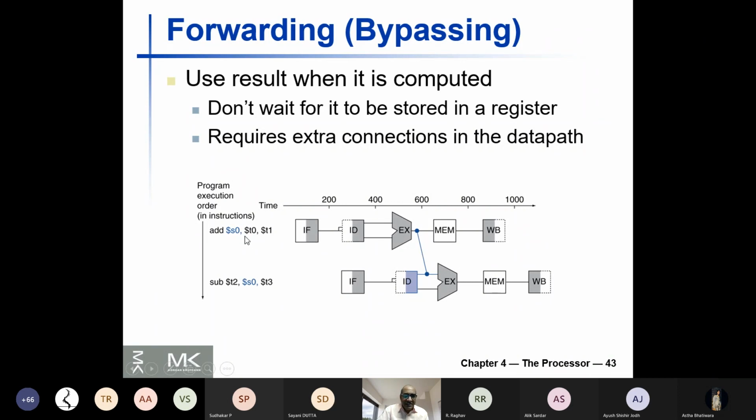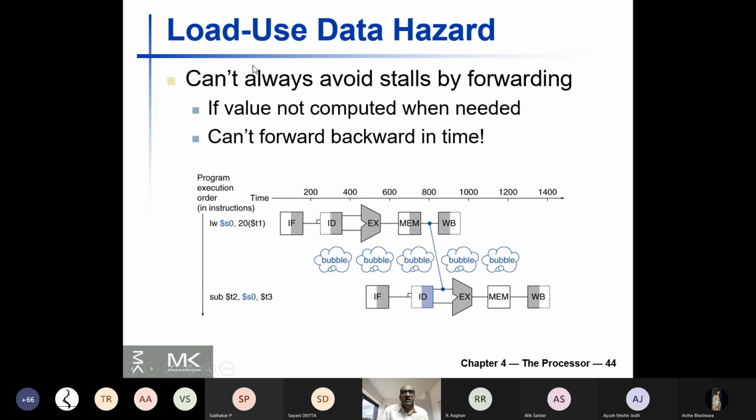Here in this context, you can avoid the stalls, or handle this situation using the concept of forwarding. But forwarding may not rescue all situations. For example, if you look at this instruction sequence, we have a load instruction followed by a subtract instruction.